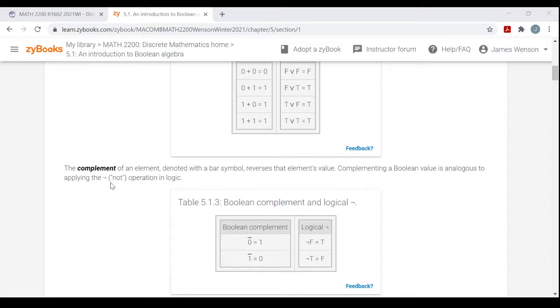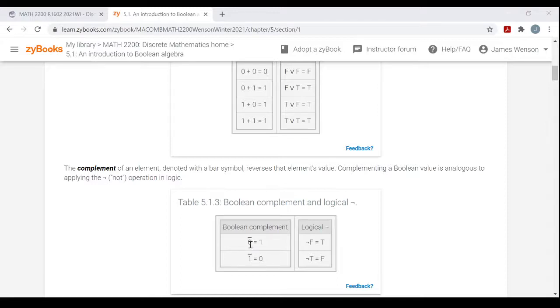All right, and then finally, the last of these three Boolean operations we're going to study, the complement. Just like the not, and you saw a complement of a set, right? Just something that's not in that set, very similar. So this is like negation. And it's going to be denoted with a little bar symbol above an expression.